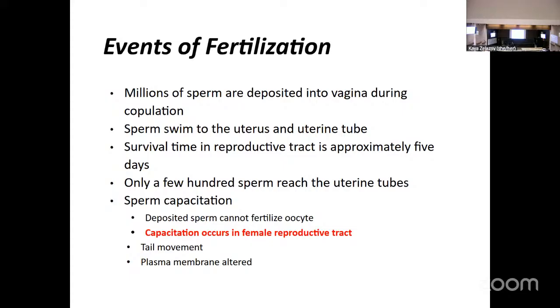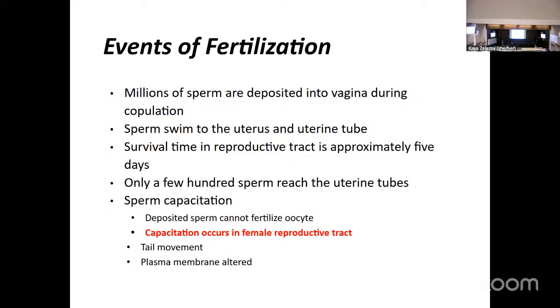So that's increasing how fast their tails move. That's changing their plasma membrane so that it can combine well with an ovum. And they're swimming, swimming, swimming up through the reproductive tract. So through the cervix, through the body of the uterus, heading into the uterine tubes.